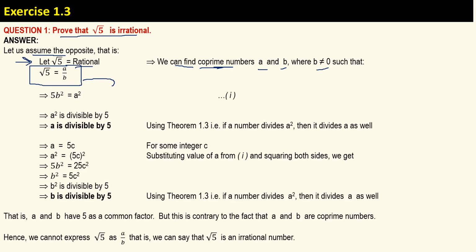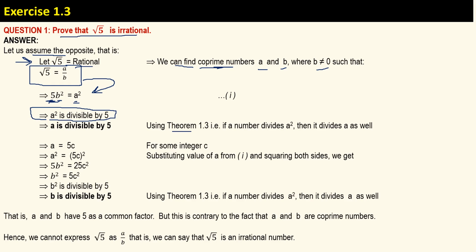If we rearrange this equation, we get 5b square is equal to a square, which implies that a square is divisible by 5, because we have 5 here and then some other integer value is equal to a square. So we can say that a square is divisible by 5.